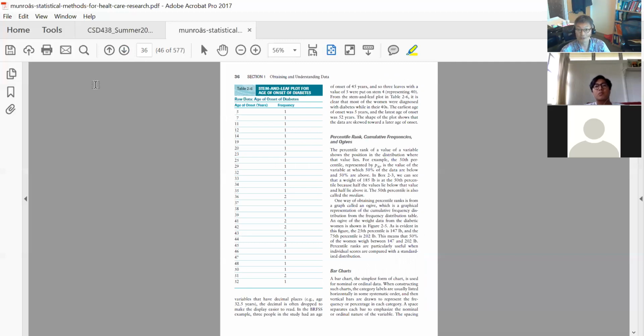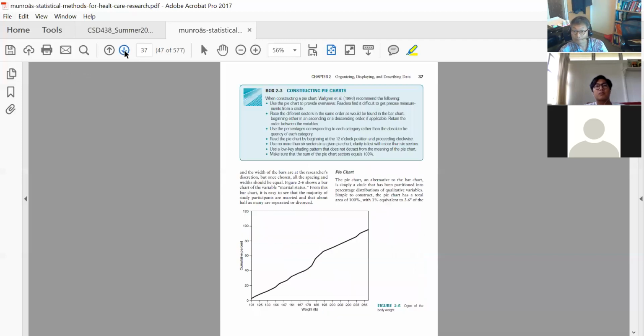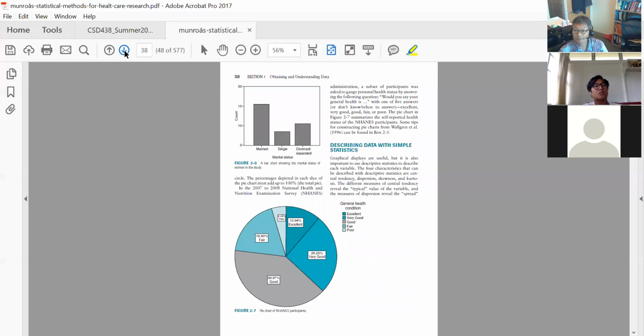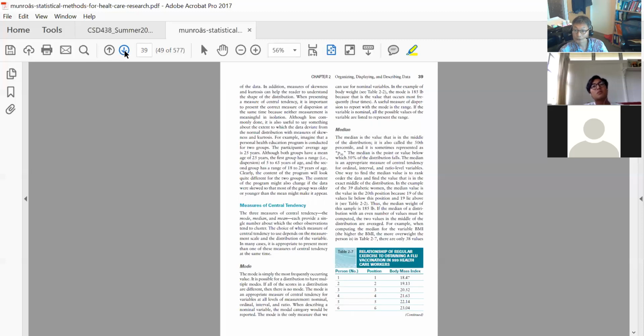I described them on the slide, so please check those in the module. And we have to utilize the measures of central tendency. Sometimes we don't need to check every central tendency measure, so we just select those for certain circumstances.